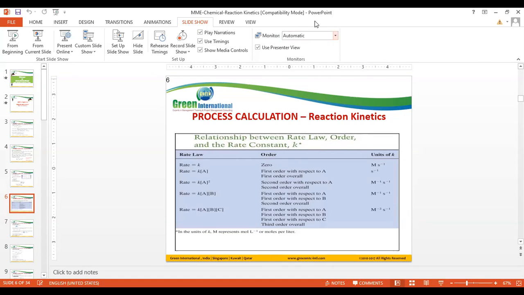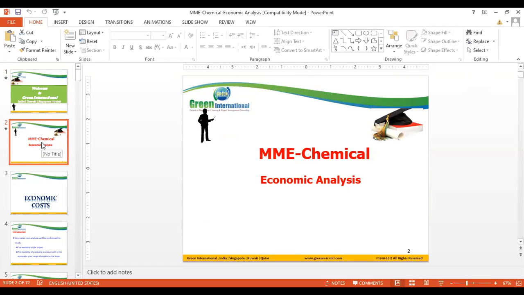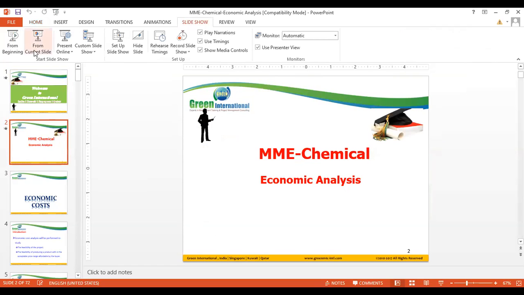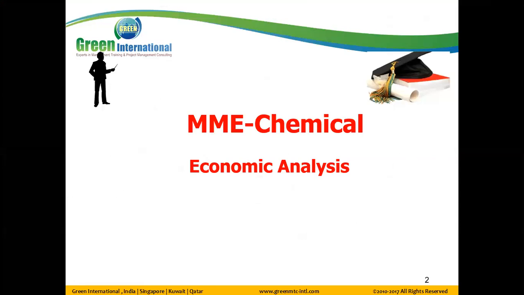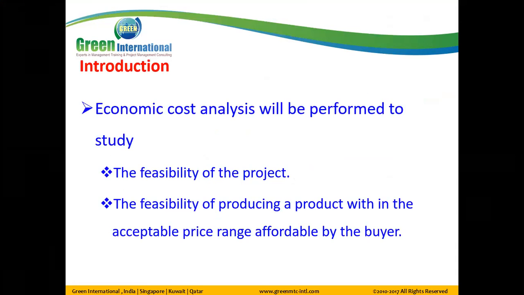Right. So now we will go to the next chapter, which is the economic analysis. That's the last chapter. Economic analysis will be helpful to see the feasibility of a project.